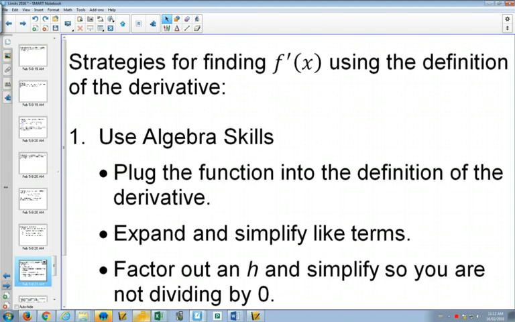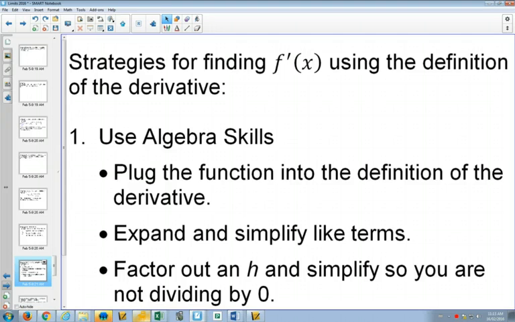Here are some of the strategies we're going to use when we're trying to find f prime of x. We're going to use a lot of our algebra skills, because the idea with that limit as h going to 0 is you're dividing by 0. So in order to evaluate a limit, we somehow have to get rid of that h on the bottom. So we're going to plug our function into the definition.